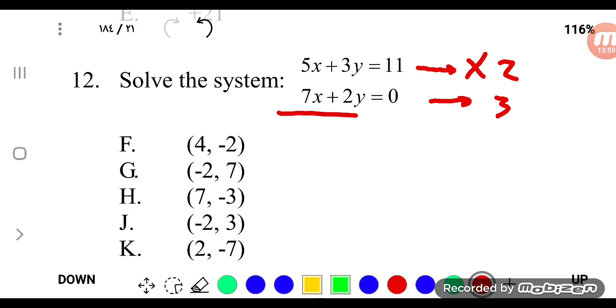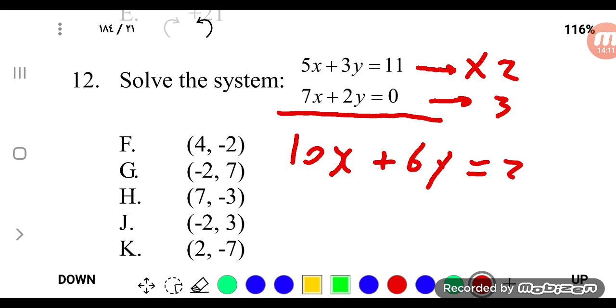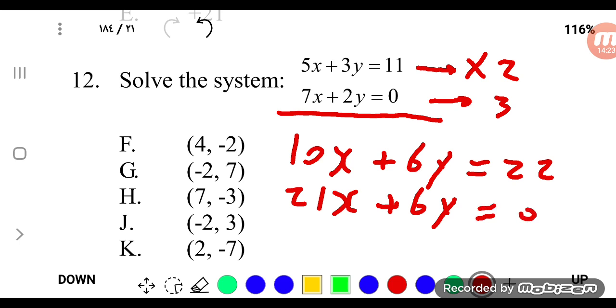So if you do that, let's see, 2 times 5 we get 10x, 2 times 3 is 6y is equal to 22. Then 3 times 7 is 21x plus 6y is equal to 0.